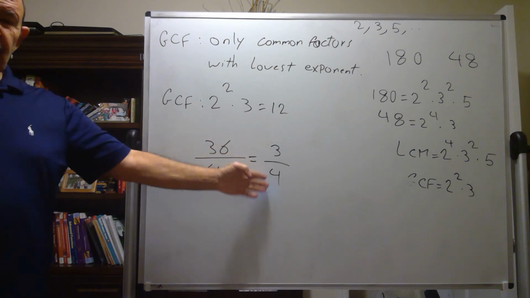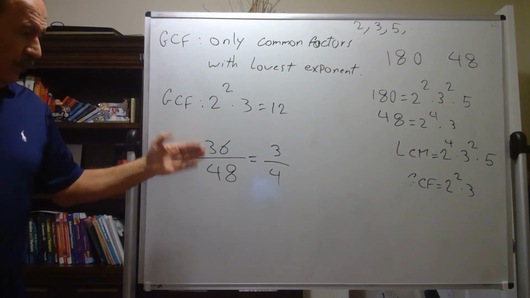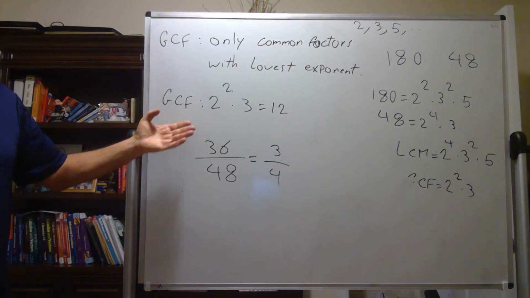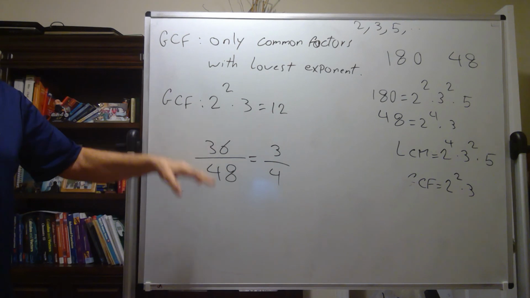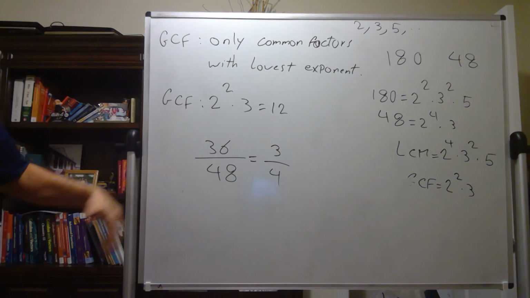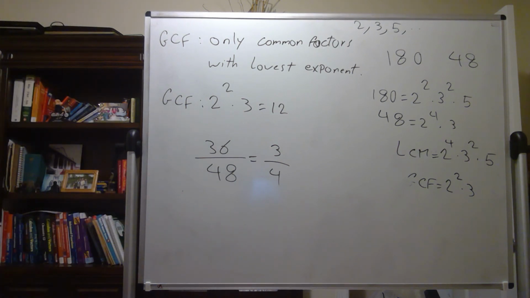I cannot reduce 3 over 4 anymore. Why? Because I divided both of them by the GCF. I can reduce step by step, first by 2, then by 3, and so on. But if we have the GCF, we can reduce it in one step.